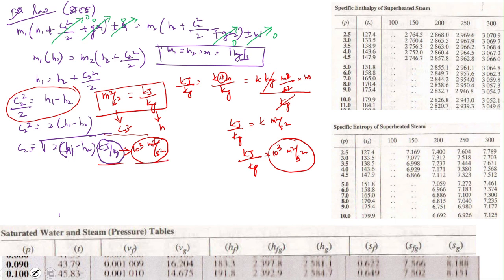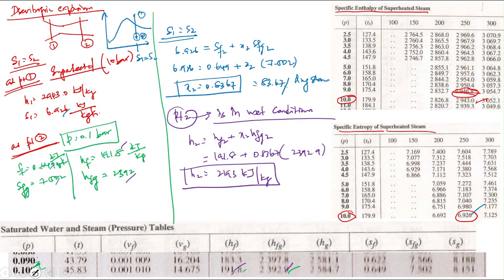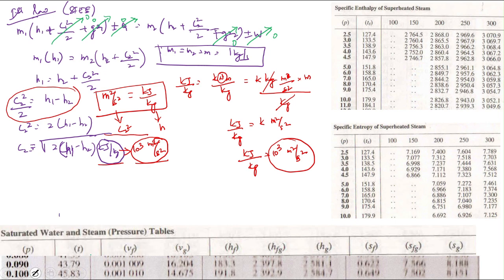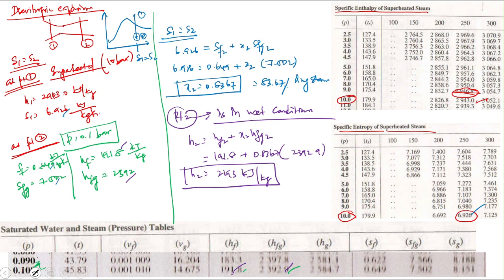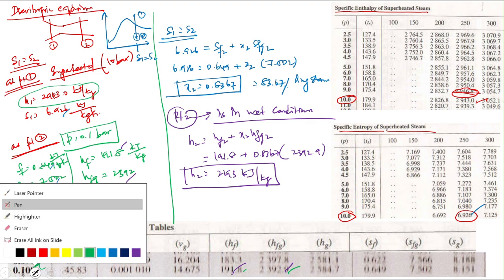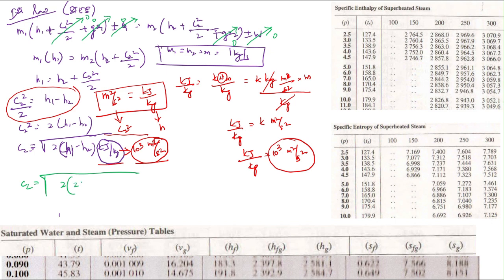Now we substitute the values. C2 is equal to square root of 2 into (H1 minus H2), where H1 is 2943 and H2 is 2193. So that is 2943 minus 2193, into 10 power 3.